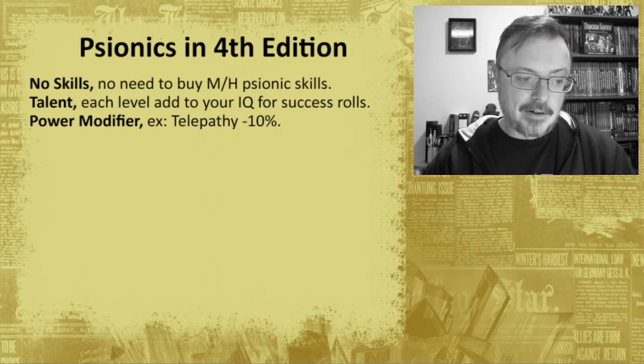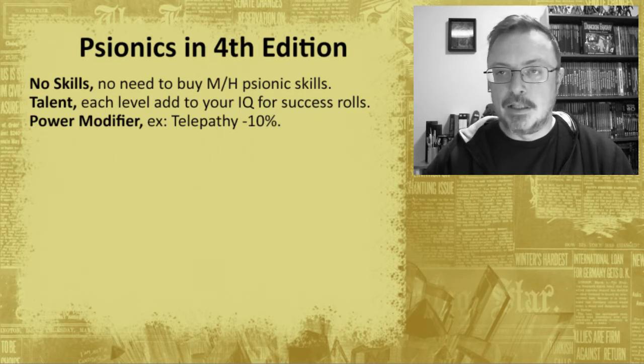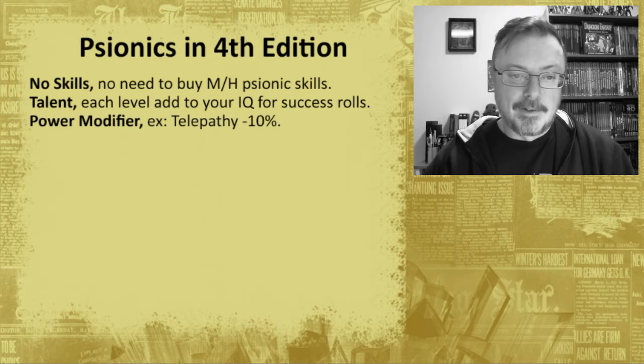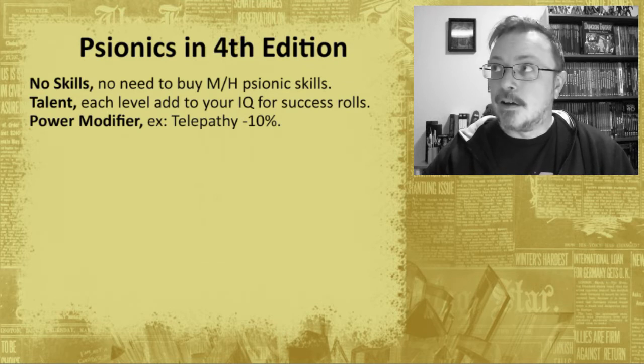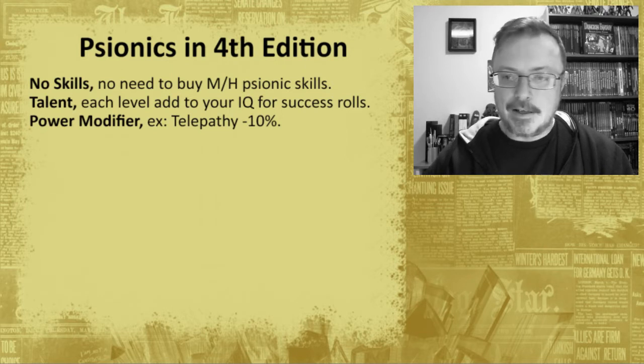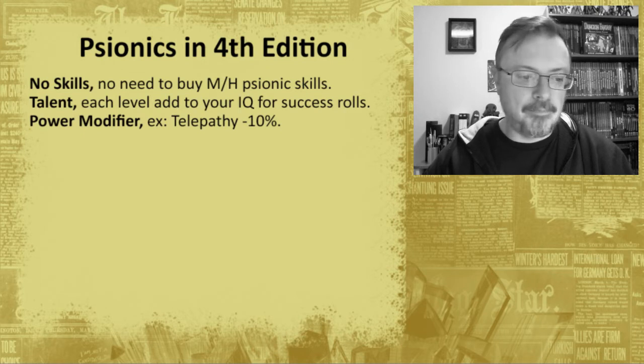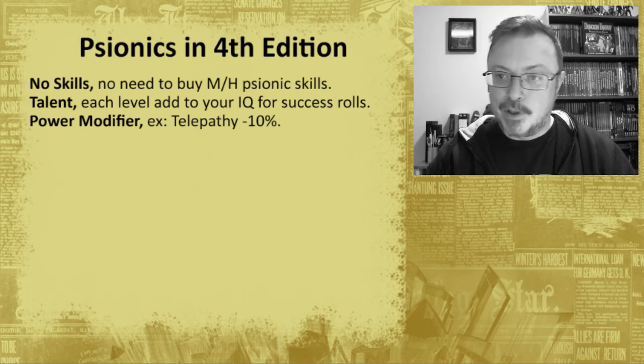For example, here a telepathy power would be considered to be vulnerable or weak against certain anti-psi powers or anti-psi technology or contraptions. So limiting these powers gives you, with the system, a minus 10%.